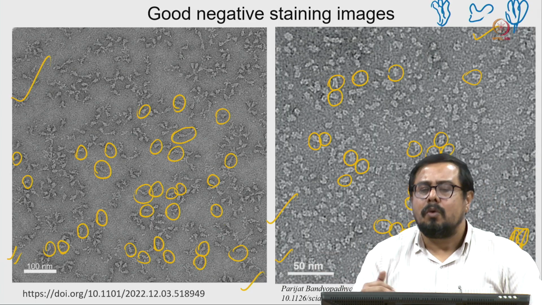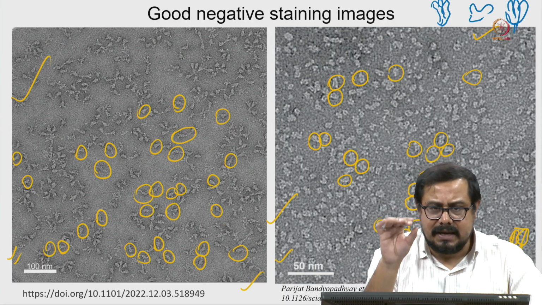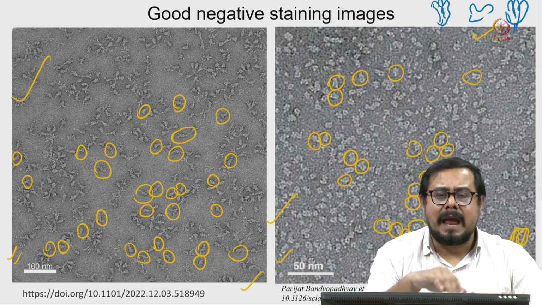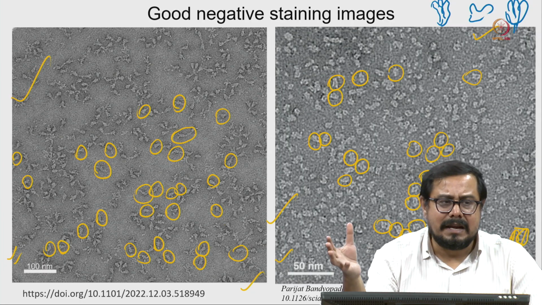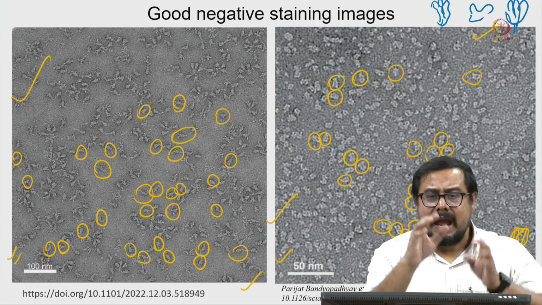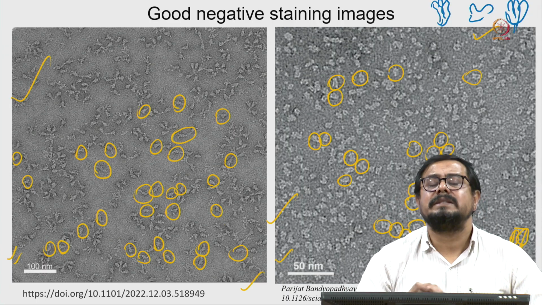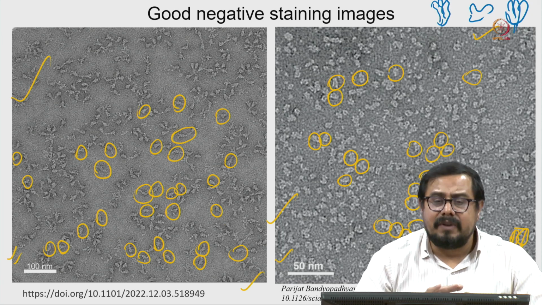But what is the advantage of negative staining? You need only the negative staining solution, and you don't need very high-end equipment to prepare the sample. You just need an electron microscope, and the rest of the sample preparation is much easier and very straightforward.